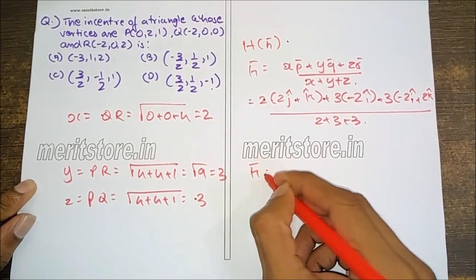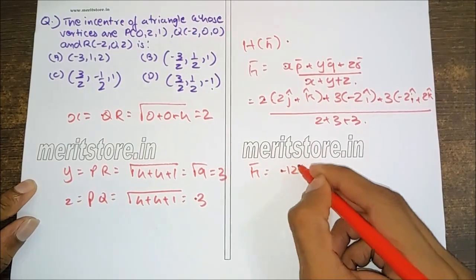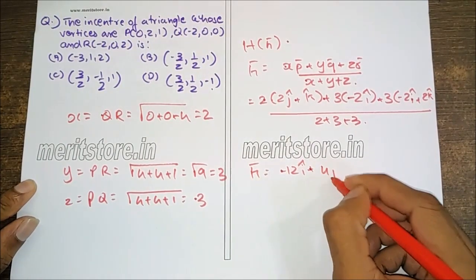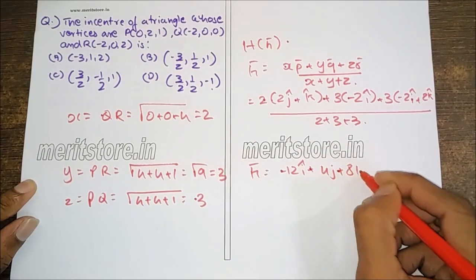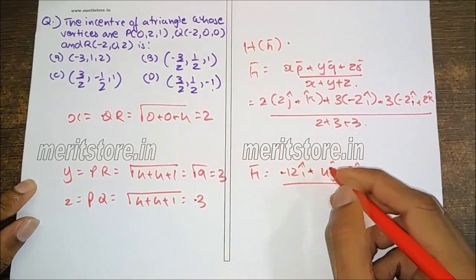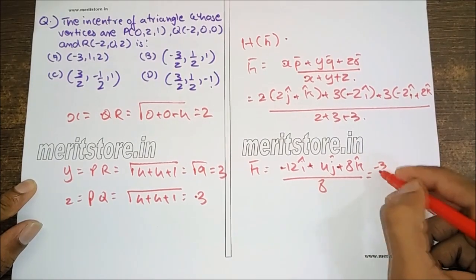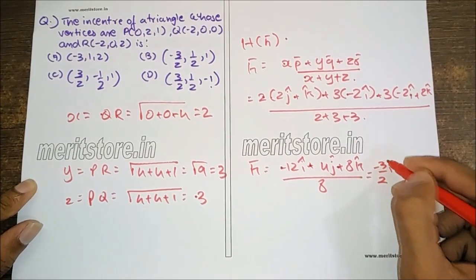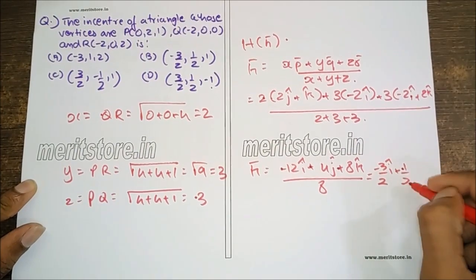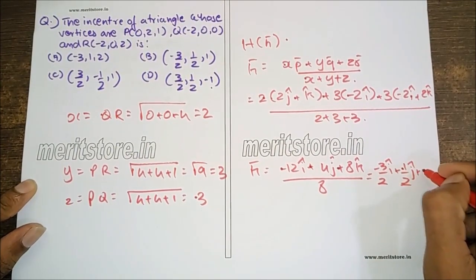Therefore, h vector is equal to minus 12i plus 4j plus 8k upon 8, which is equal to minus 3 by 2 i plus j plus k.